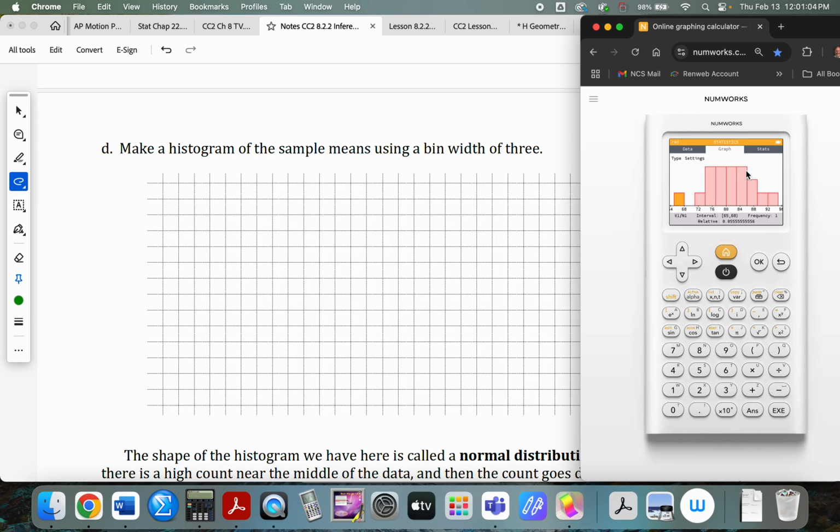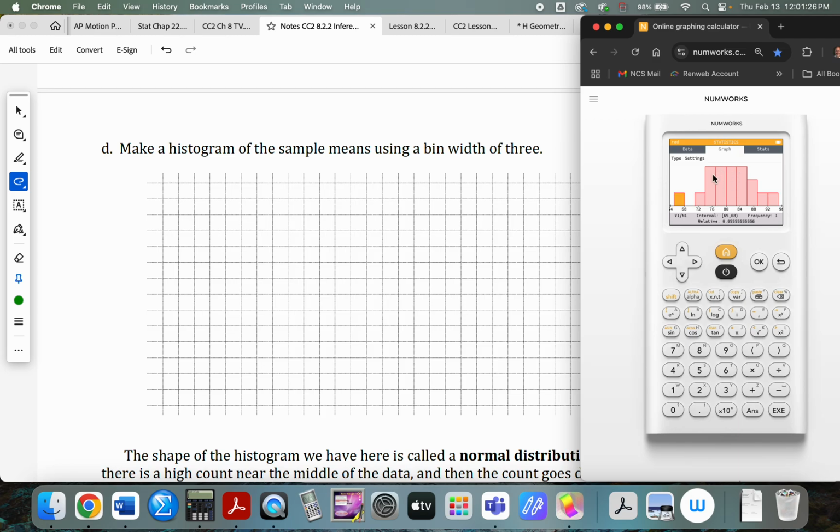So look at how many of these are all kind of piled up here in the middle. Notice how it's high in the middle and low on the ends? It's symmetrical. We would expect that. Okay? So our histogram is symmetrical.